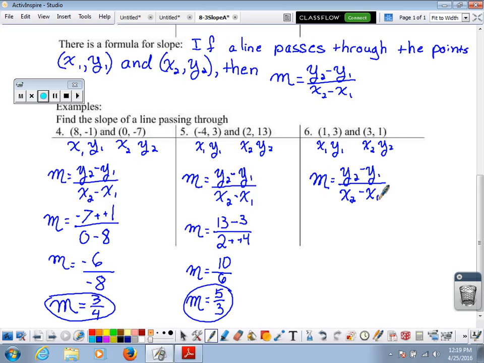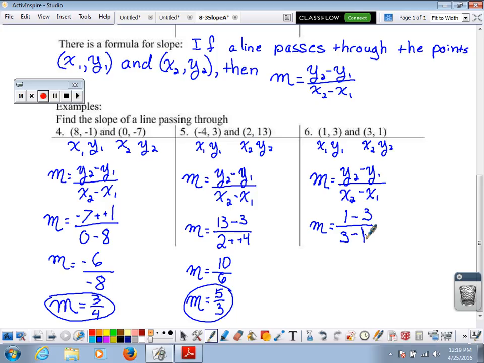Okay, Hutch, what is my Y2? 1. Minus, Tyler, what is my Y1? 3. And B, what's my X2? 3. Minus, Alyssa, what's my X1? 1. So I have 1 minus 3 over 3 minus 1.